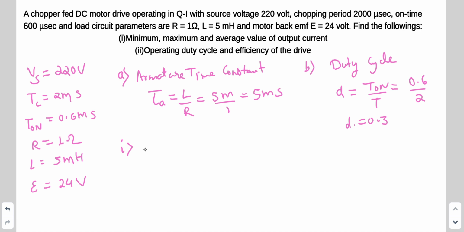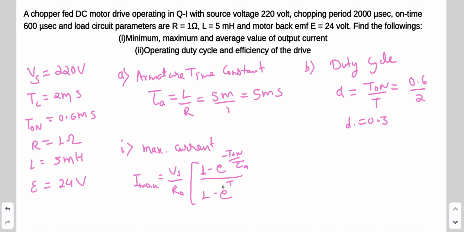First we will find the maximum current. So I max is equal to Vs divided by Ra, (1 minus e to the power minus T on divided by tau A) divided by (1 minus e to the power minus T divided by tau A), minus E divided by Ra.